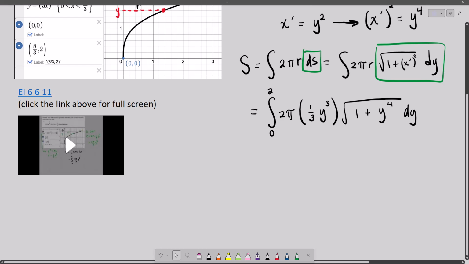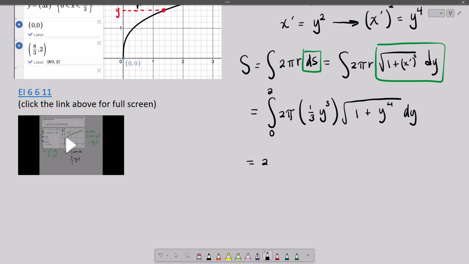Let's go ahead and pull the constants out to the front here. So we're going to have 2 pi divided by 3 all the way to the front, integral 0 to 2, y cubed, square root, 1 plus y to the 4th, dy.